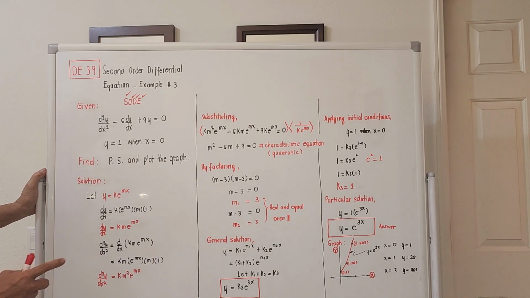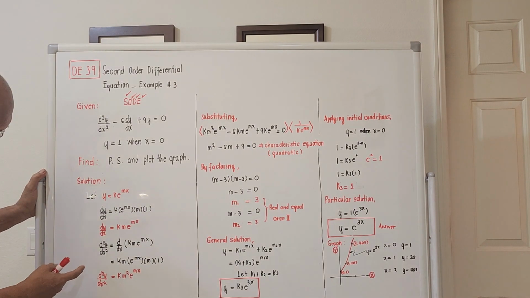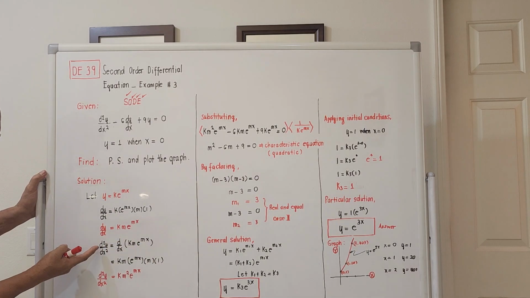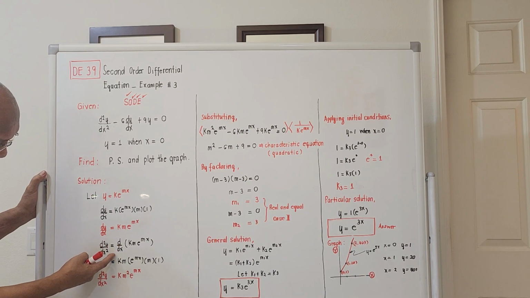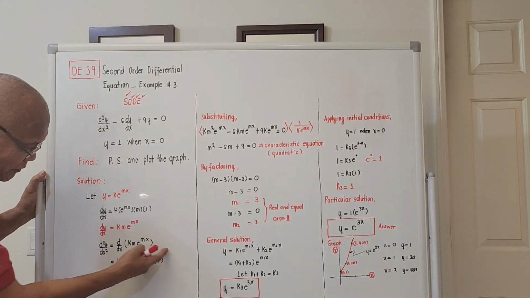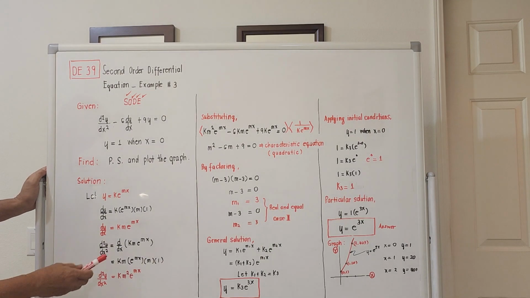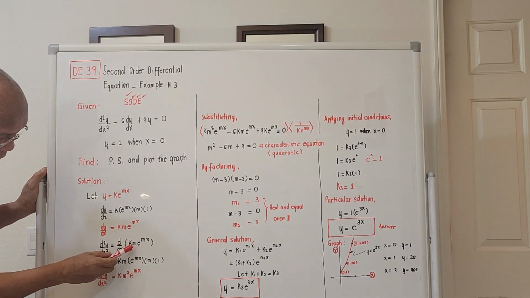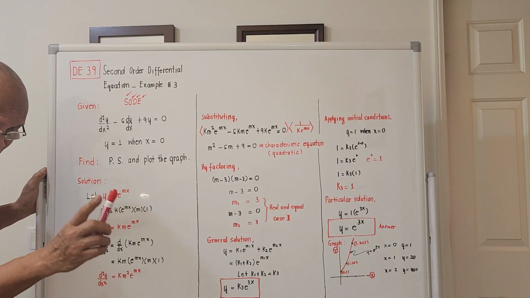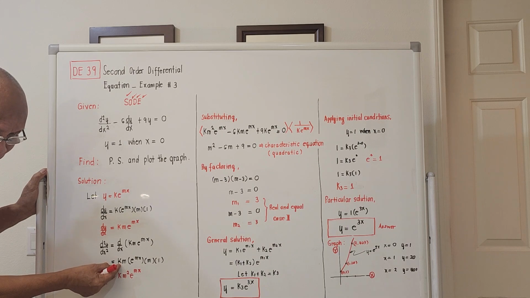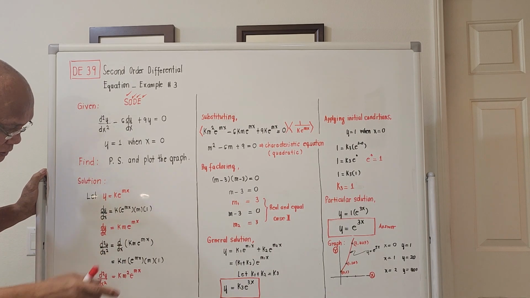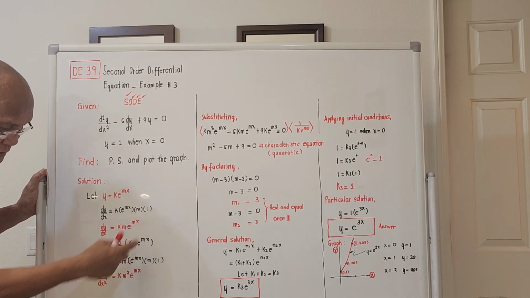So d square y over dx square is equal to the derivative with respect to x of km e to the mx. K is constant, m is constant, the product of two constants will still be constant. We bring it out, so it will be km times the derivative of e to the mx.